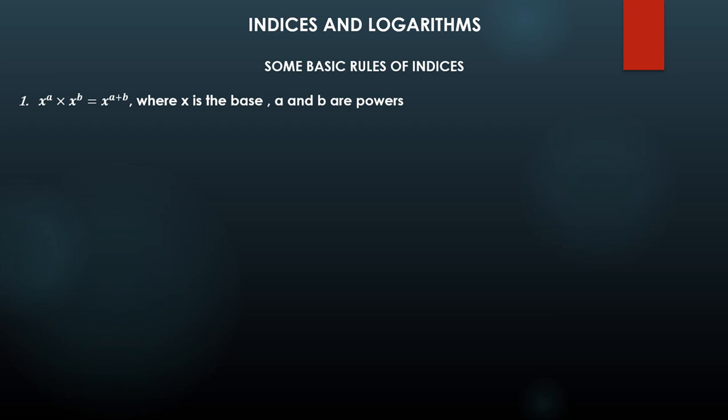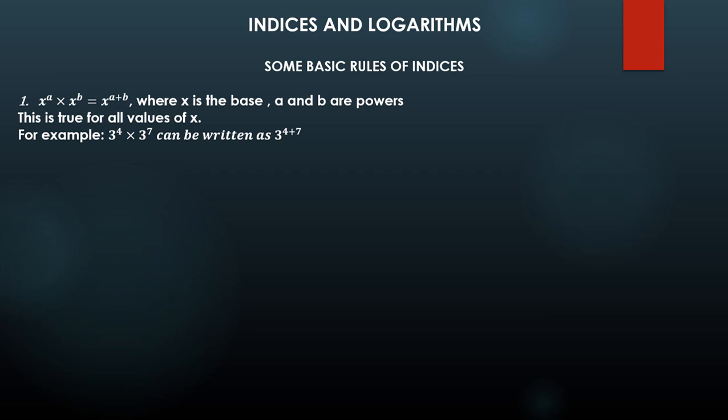We can easily say 2 raised by 1 times 2 raised by 2 is equal to 2 raised by 1 plus 2, since they have the same base. This is very straightforward. Where x is the base, a and b are powers. Because the two x are the same, they have the same base, we just have to add up their powers. This is true for all values of x.